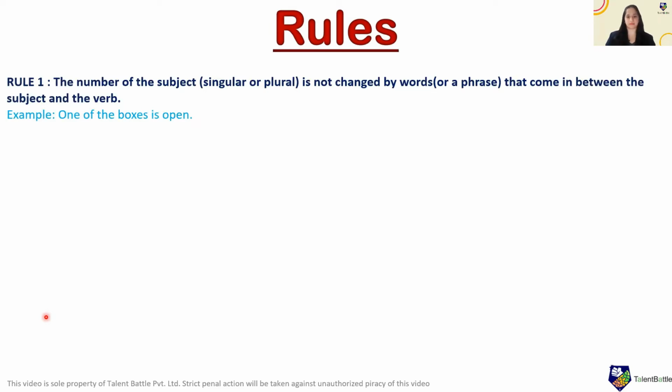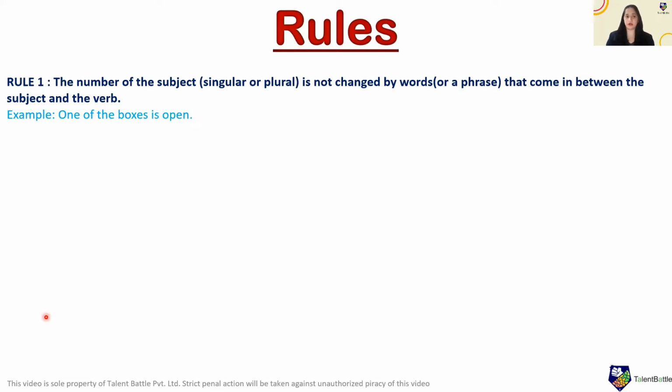First, the number of the subject is not changed by words that come in between the subject and the verb. Very simple. Imagine that there are 3-4 boxes in front of you, and you say that in one of the boxes, my present is there. Even if there are 3-4 boxes in front of you, you are talking about only that one box which contains your present.